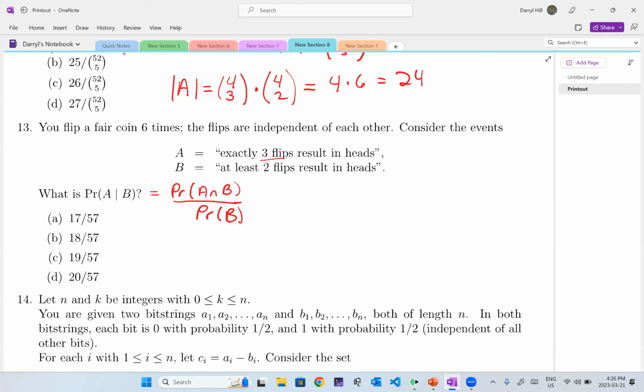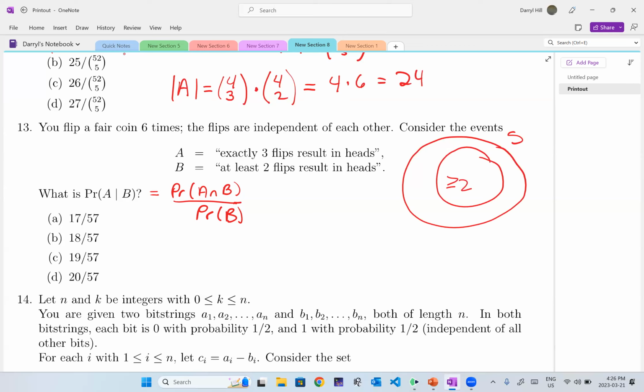Well, we don't know that they're independent. The flips are independent, but these events A and B are not necessarily independent. In fact, they're not independent at all. However, what do we know if I look at all of the flips? This is my sample space. I look at this, at least 2 flips result in heads.